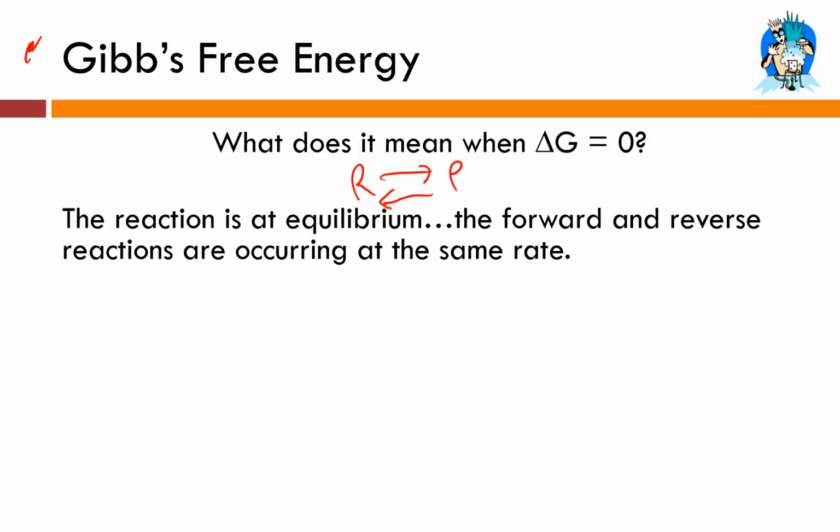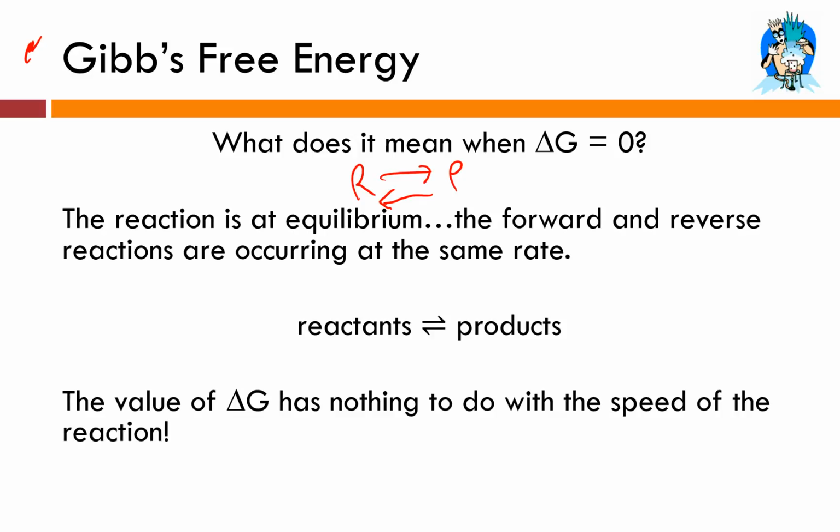So if products are being formed just as quickly as they're breaking down, if you were able to see what was going on inside that reaction vessel and take a picture and count up the number of reactant molecules and product molecules that were there, every time you took a picture, even though the reactions are still technically occurring, there is no net change. So we'd have a delta G equal to 0.